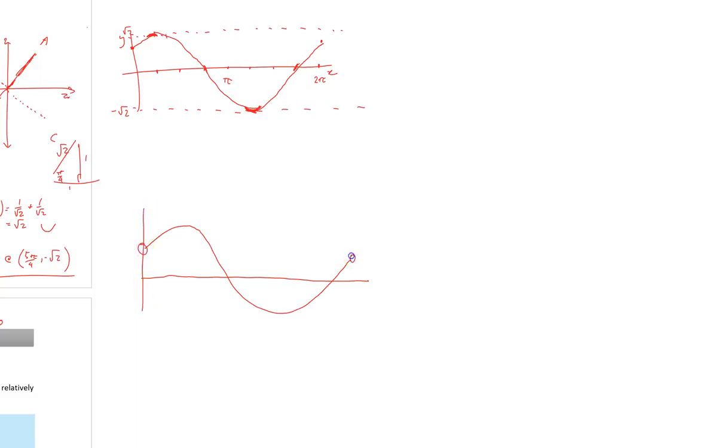It's open there, that's open there. This happens at 3 pi over 4. This is 1. Root 2. Oops, that should be, that happens pretty early. That's pi over 4. This is 5 pi over 4.